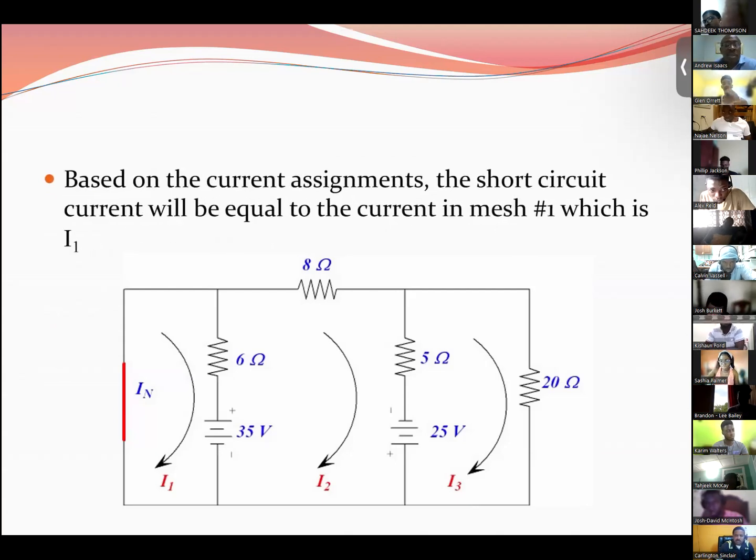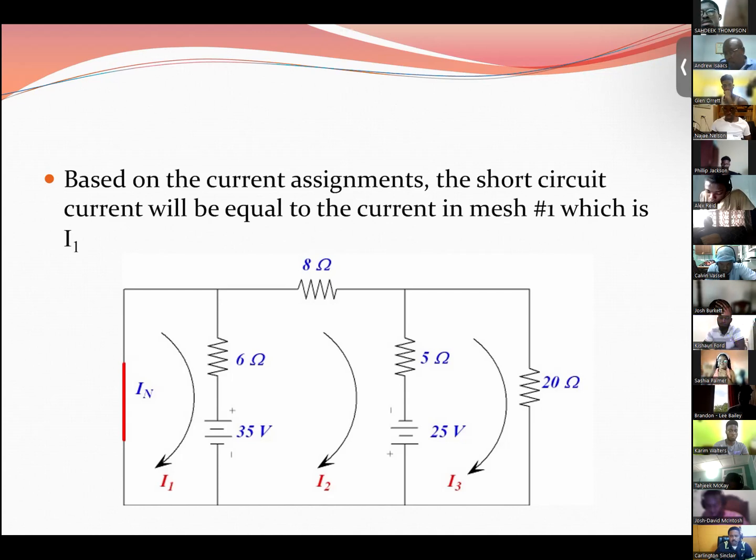So we just put in the mesh currents. And obviously, I1 would be equal to I Norton.